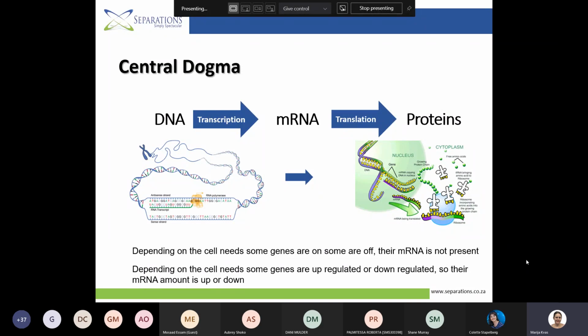And while DNA is constant, and all our cells have the same DNA, the amount of RNA in our cells is always different depending on the cell's needs. Some genes are on and off, and mRNA might actually not be present for that specific gene. And also depending on whether those genes are up or down regulated, we will have different amounts of RNA in the specific sample.